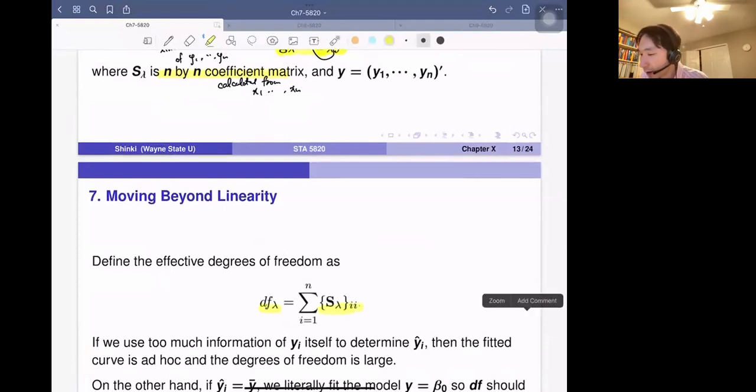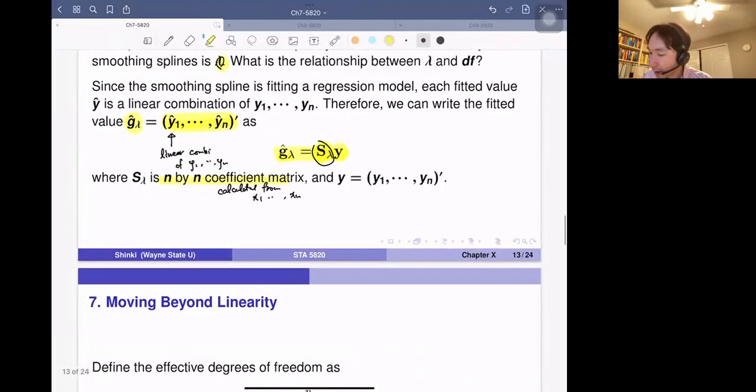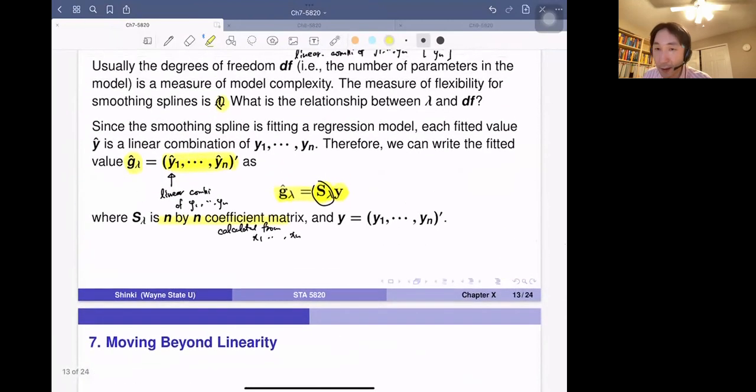Why the sum of diagonal terms? Because that represents how complicated the line is, because of the two most extreme cases.